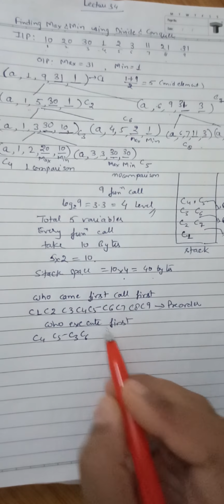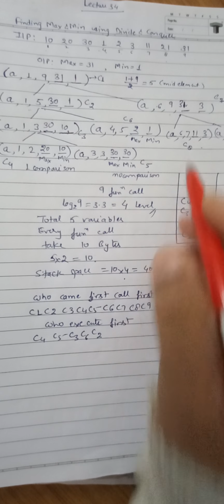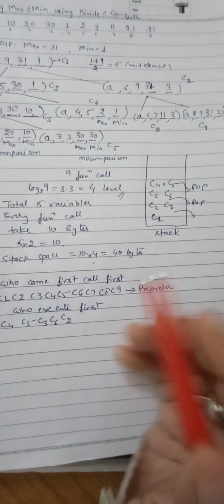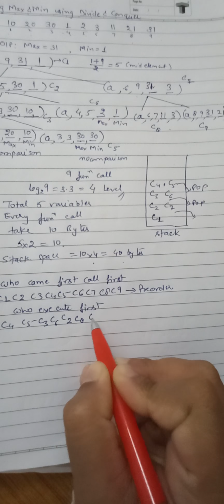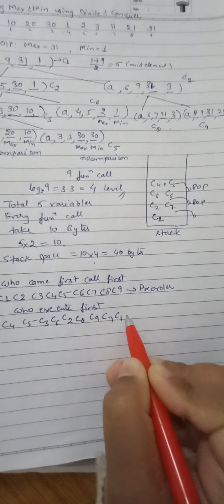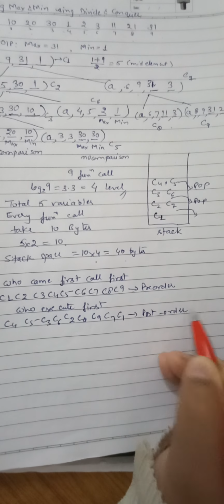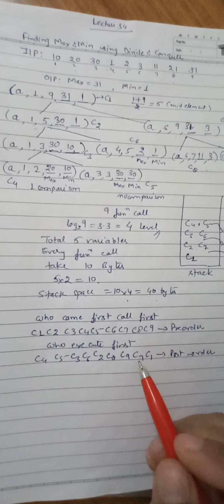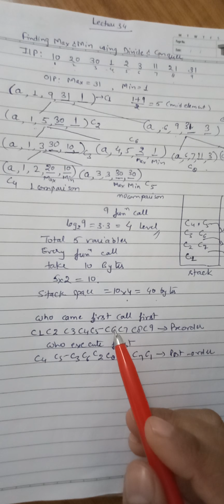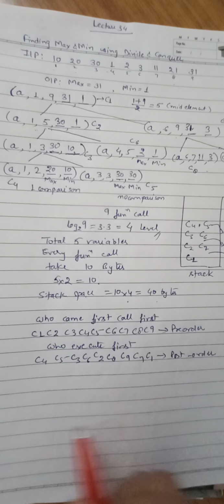After that we execute C2. After that we execute C8. Then we execute C9, then C7, then C1. This is called post order. So in that way the functions will work. That is pre-order and post order.